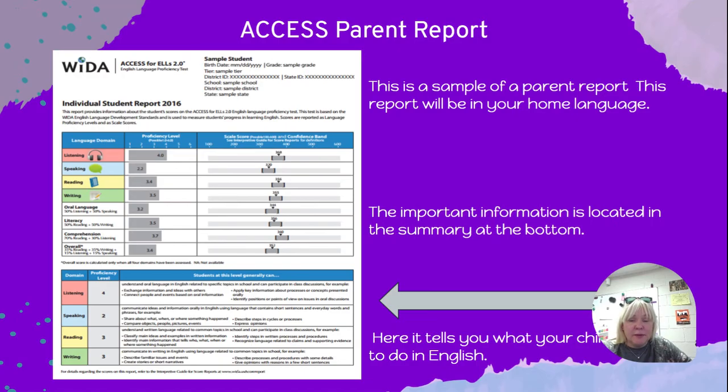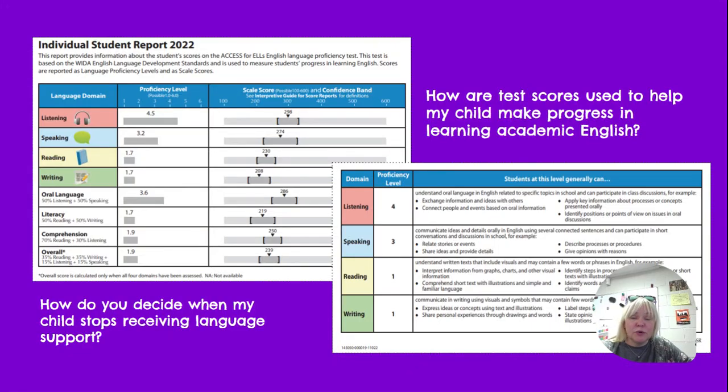The important information is located in the summary at the bottom. Here, it tells you what your child can do in English. How are scores used to help my child make progress in learning academic English? This is sort of a snapshot for teachers to see, okay, they can do this in English, let's push them a little bit more.